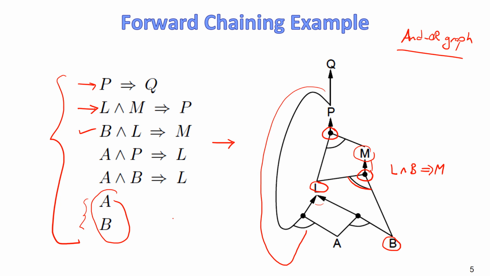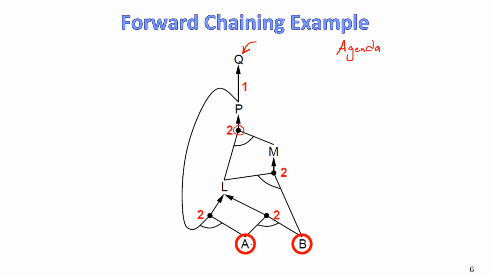So we start the agenda by adding A and B. That means that our inference will start, if you look at the graph, bottom up. We go from the facts, and that's natural and very intuitive. We start from what we know already, and from this we infer other things. So we start with A and B in the queue.